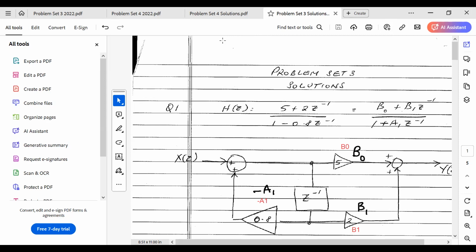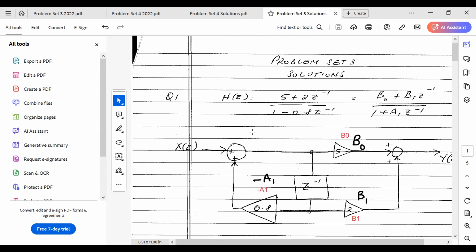One thing I'll mention in this one, courtesy of a question that I got a couple of weeks ago. Question 1 was asking you to draw the canonical form or realization of that transfer function. Remember, the canonical form is the one that only has one set of delays in it.